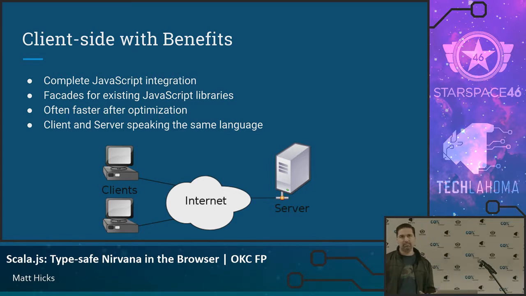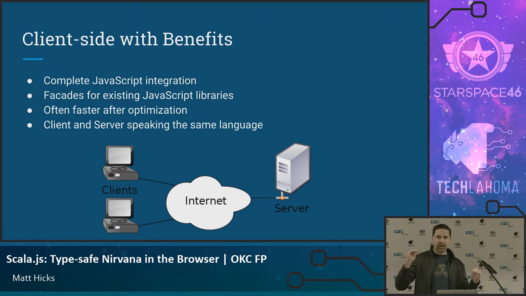It's the same reason that Java is often faster than C, because of the just-in-time compiler and the runtime environment, all the optimizations that it can do can beat your average C code. Now, just like in C code, you can write faster JavaScript code than you could write Scala.js, but it's a lot more effort and a lot more pain to do so. So in general, the benefit here is you can write normal, clean code and everything works great.